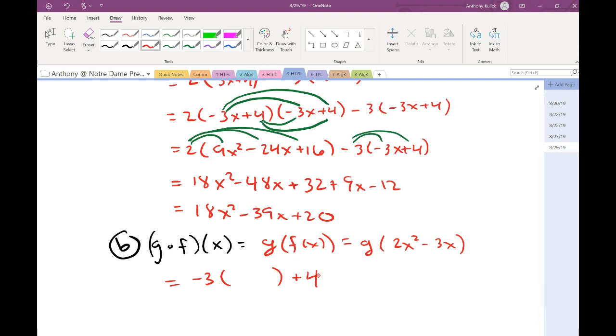And then inside that set of parentheses, I'm going to write that expression for f. And then all I'm left to do is simplify. Here the simplifying is much easier because all I need to do is distribute. And I'm done.